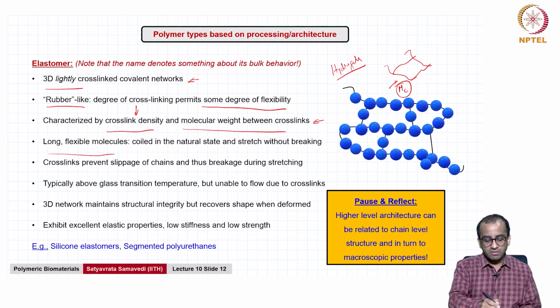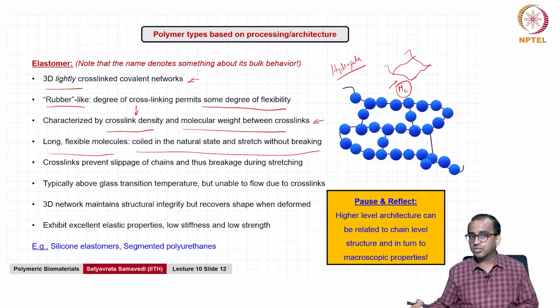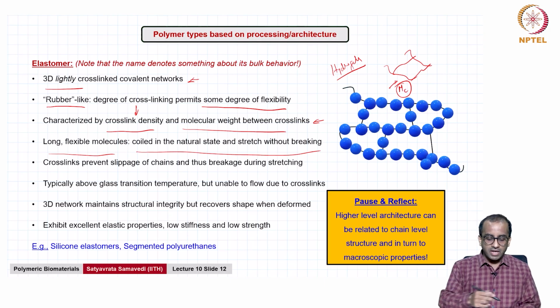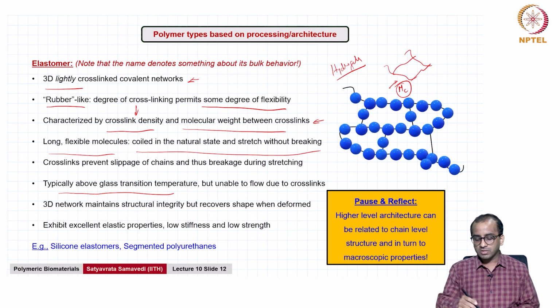So, these long flexible molecules are coiled in the natural state and stretch when pulled, but do not break because of the cross-links. They prevent slipping. Again, they are typically above the glass transition temperature, but because of the cross-links, they are unable to flow like some of the other polymers.